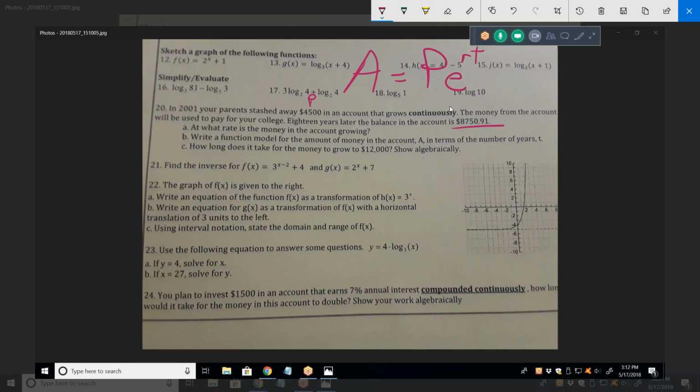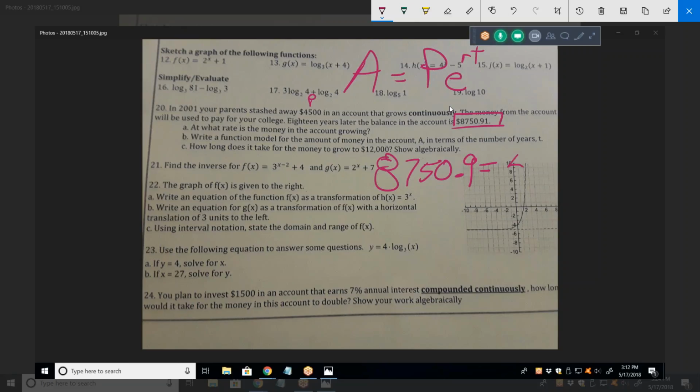P would be the 4,500. No. Stashed away, that's what they started with. This is what it grew to. So would that be A then? Uh-huh. So it's 8750.91 equals what?